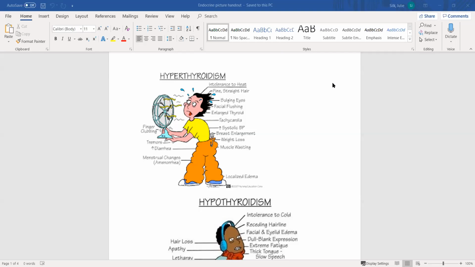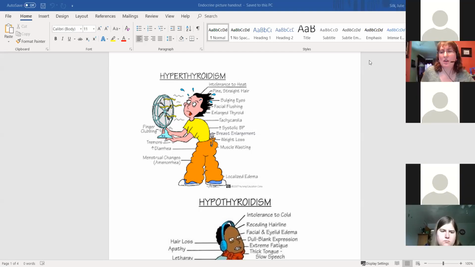There's a couple of other kind of weird ones that I don't always remember. It talks about your hair, like you have fine straight hair with this. And maybe you have menstrual changes like amenorrhea, but that's not something I would expect you to remember.